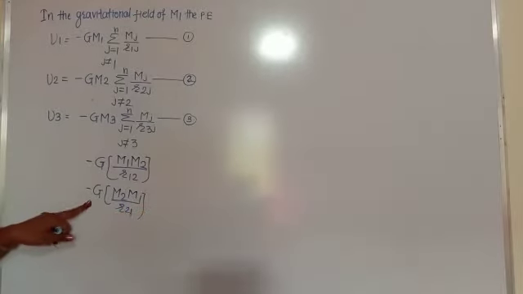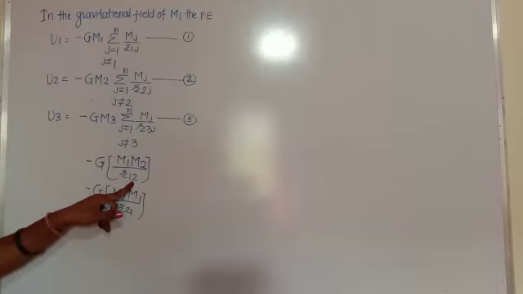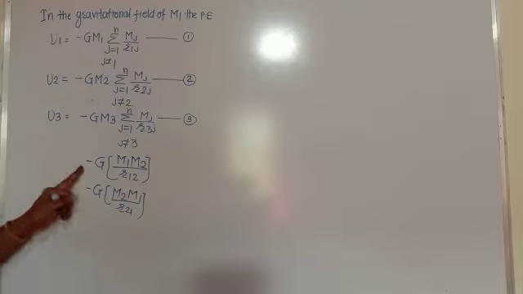These terms are the same because the distances r21 and r12 are the same, which means in the summation each term occurs twice.